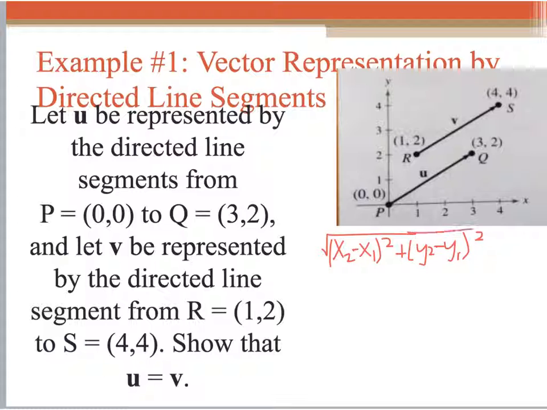Okay, so for the magnitude of the segment PQ, we would get the square root of (3 minus 0) squared plus (2 minus 0) squared, and that would give you the square root of 13.